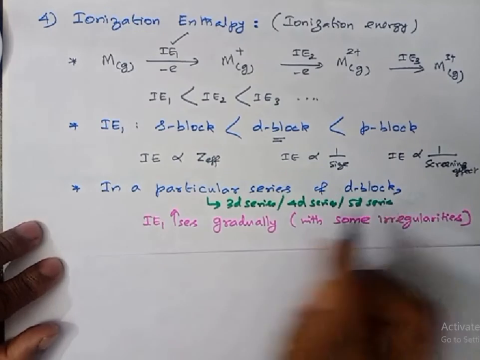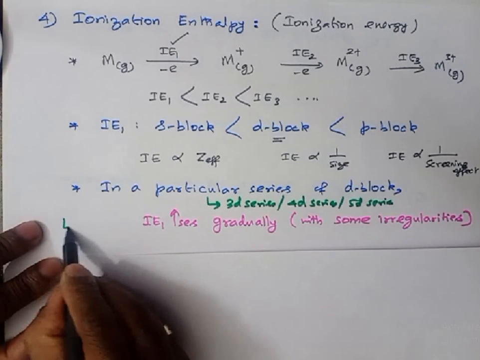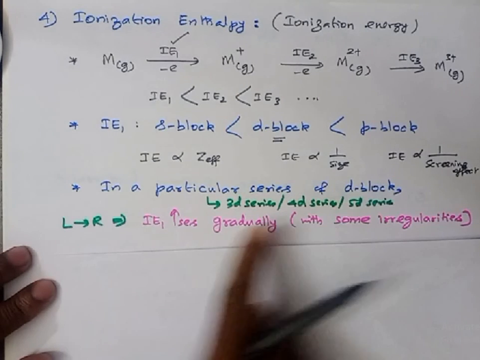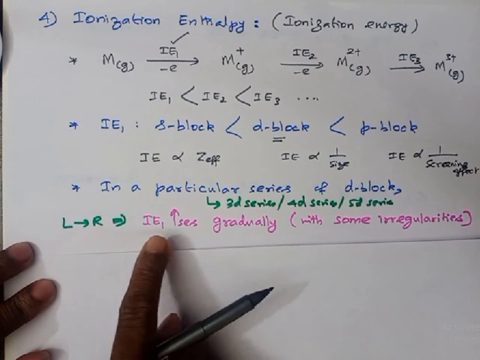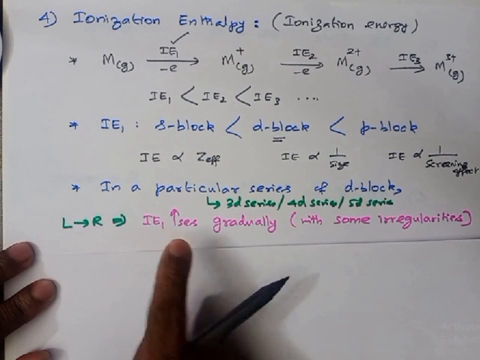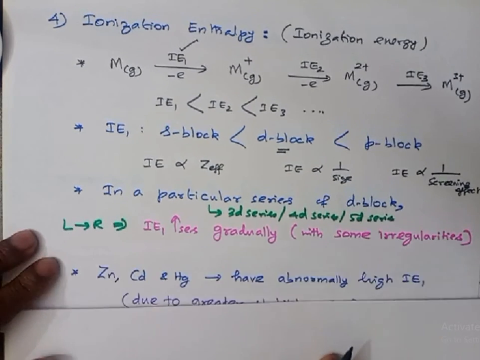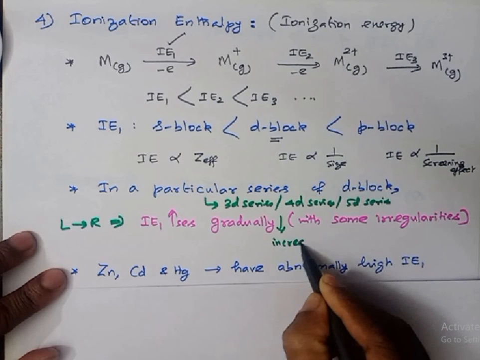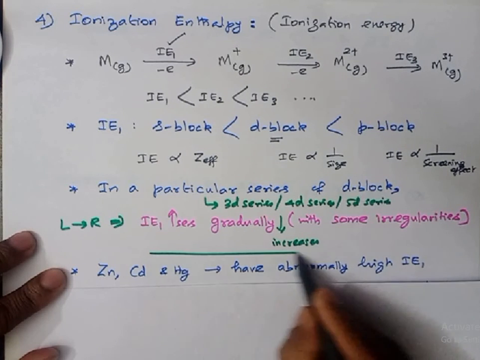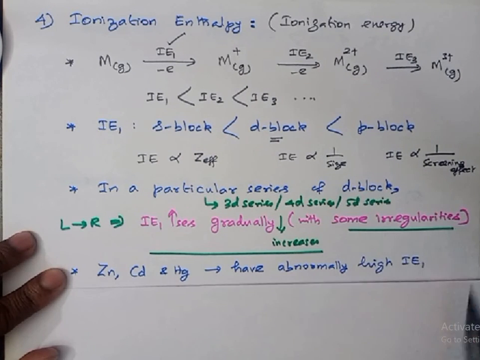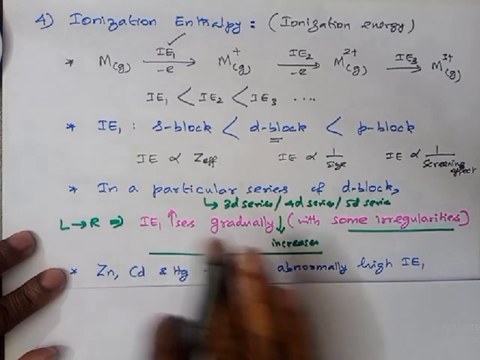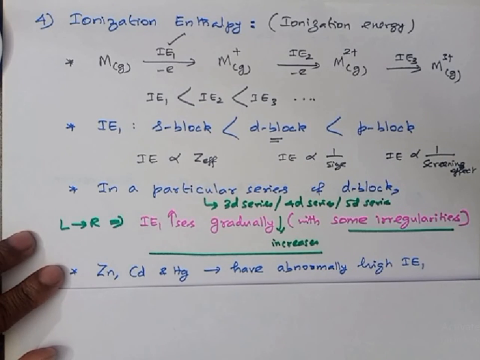In a particular series, if you move from left to right, first ionization energy gradually increases, with some irregularities. It is not increasing continuously. There may be some irregularities, but in general it will increase.